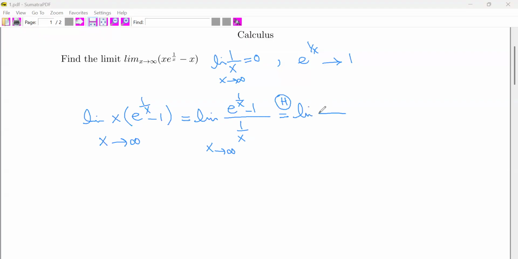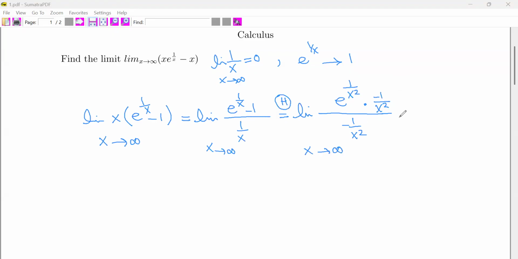We're going to take the derivative of the numerator, which is a copy of itself, since it is exponential, times the derivative of the power, which is negative 1 over x squared, over the derivative of 1 over x, which is negative 1 over x squared, when x is approaching infinity.